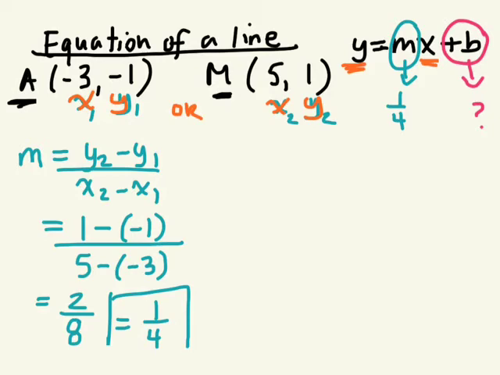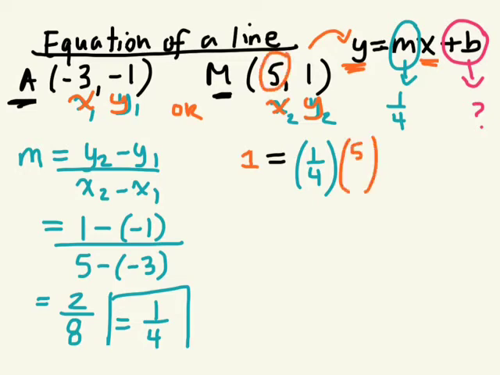Which one do you want to work with? Yeah, let's work with the positives. So y, which is 1, equals, what's my m? 1 over 4. And what's x? 5, right? Times 5. How do I write that as a fraction? 5 over 1, plus b.